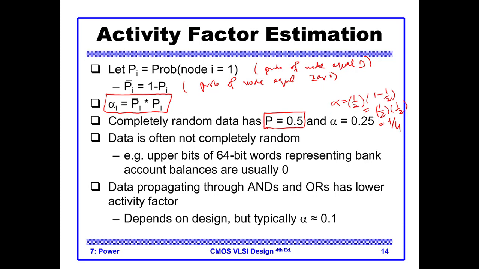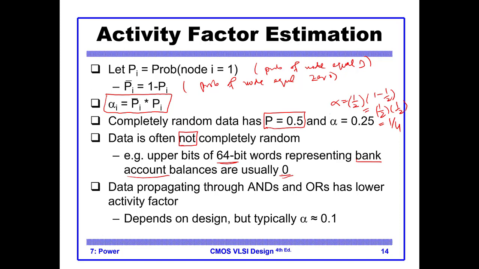But data is not often completely random. For example, if you are using a bank account and you have a 64-bit word, the upper bits are 0. So this is an example of data where the most significant bits are 0 and the least significant bits frequently change.